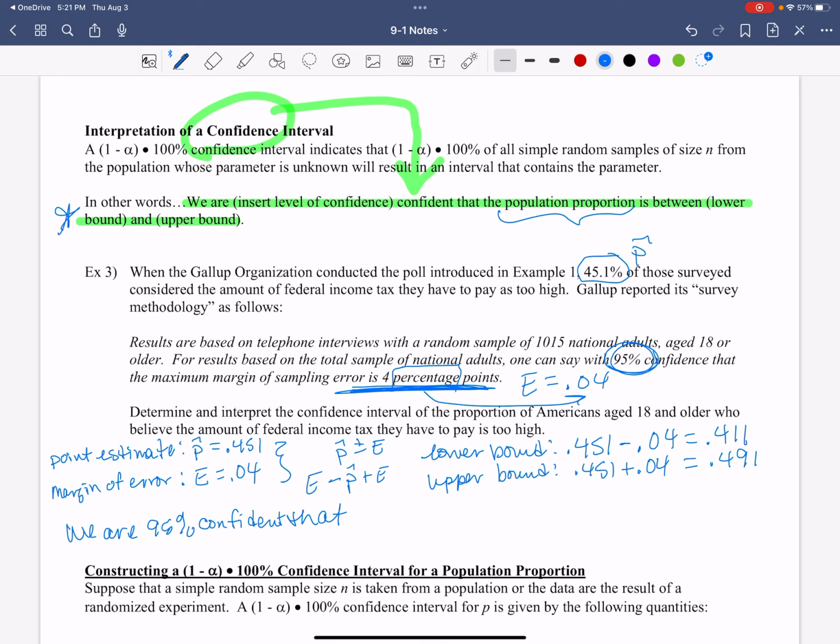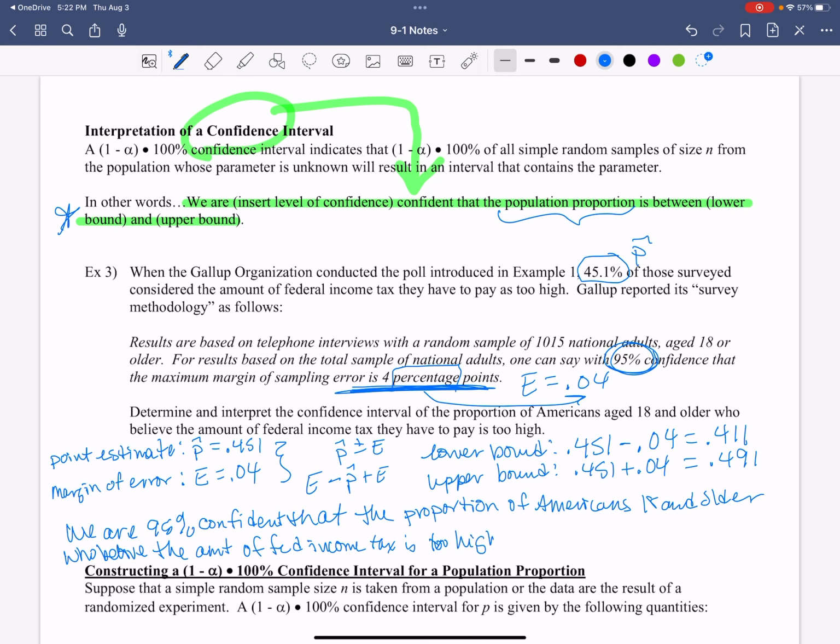We are 95% confident that the proportion of Americans 18 and older who believe that the amount of Fed income tax is too high is between 0.411 and 0.491. I've got a lot of writing to do in this small space.